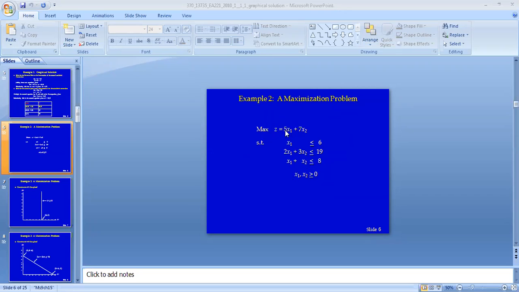Maximize z = 5x1 + 7x2 subject to the constraints x1 ≤ 6, 2x1 + 3x2 ≤ 19, and x1 + x2 ≤ 8, where x1, x2 ≥ 0 is the non-negativity restriction. These three are constraints or limitations, and 5x1 + 7x2 is the objective function. This whole makes a linear programming problem, remember it.